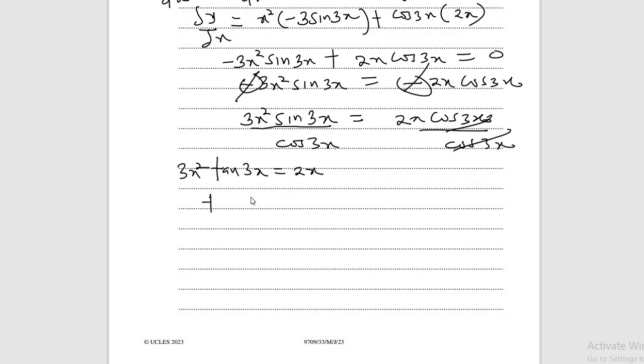So make tan 3x the subject of the formula. What do you have? 2x over 3x squared. 3x squared is 3x times x, so x cancels x.